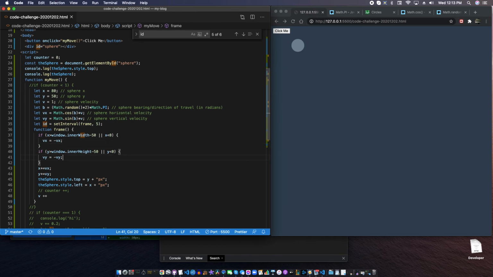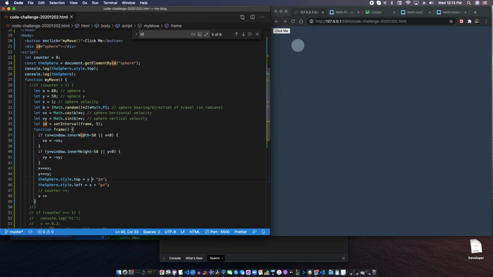And I want to do both no matter what. So, separate if statements. And then we go ahead and move after we've checked and see if we need to modify our horizontal or vertical velocity. We went ahead and moved.